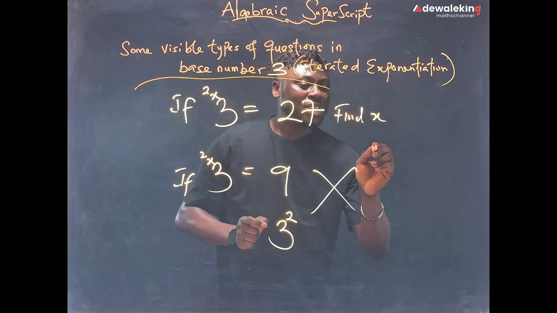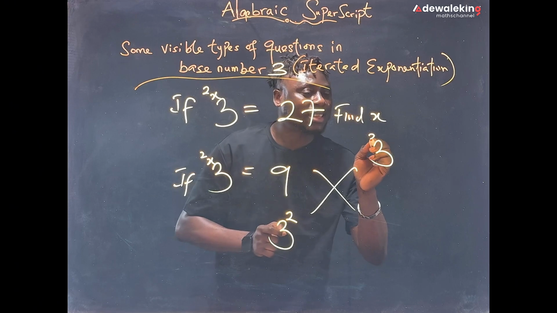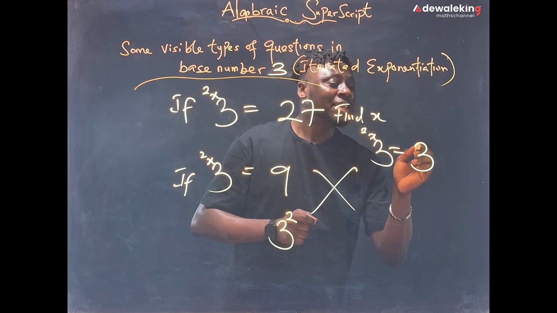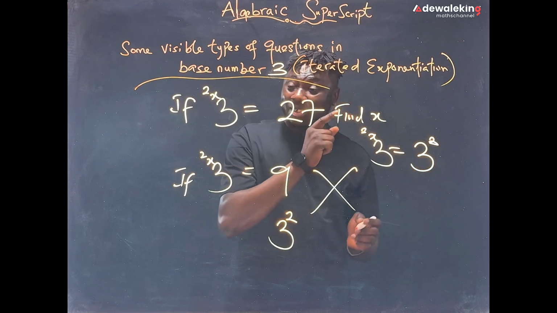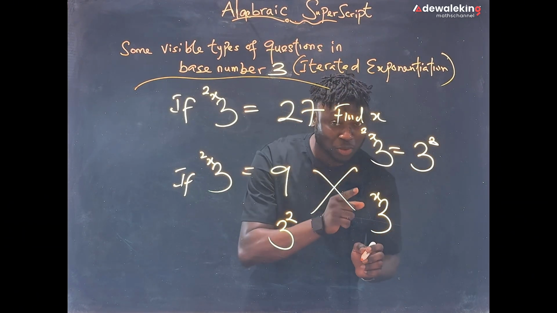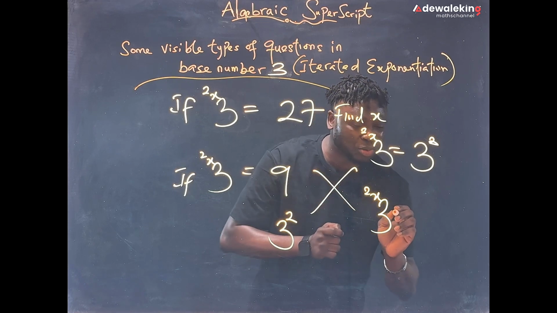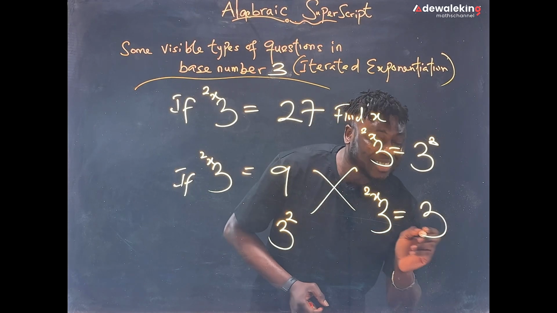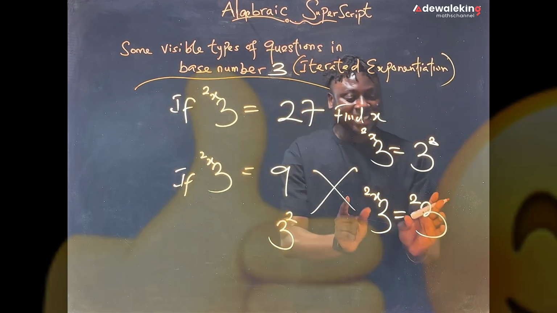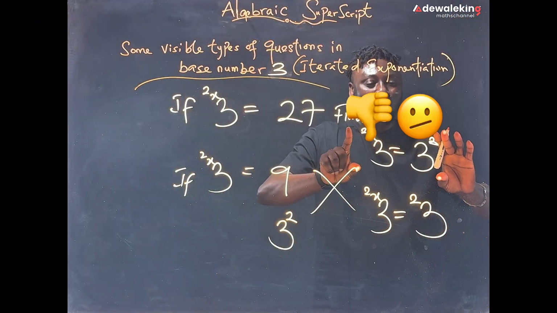But 27 will give us 3 tetration x tetration 2 equal to 3 raised to the power 3, which is the same thing as 3 tetration 2. So this can work; the other cannot work this way.